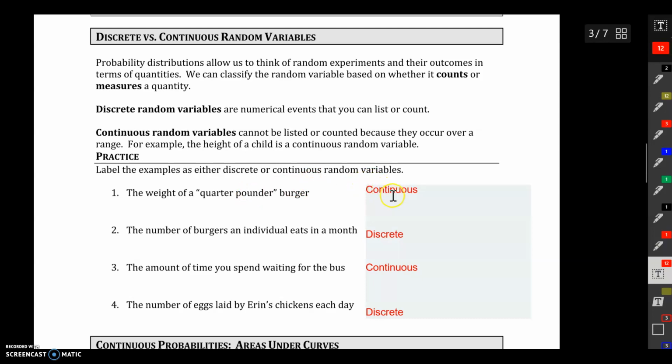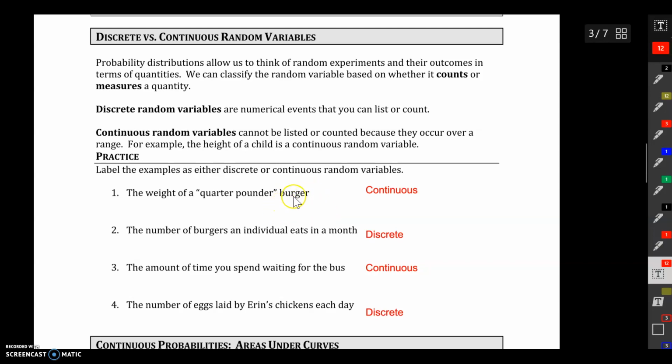So the answers are continuous, discrete, continuous, discrete. And again, like before, when we have continuous variables, it's really important to think about the units that we're being measured in, right? Whereas discrete values are numbers or counts and tend not to have units associated with them.